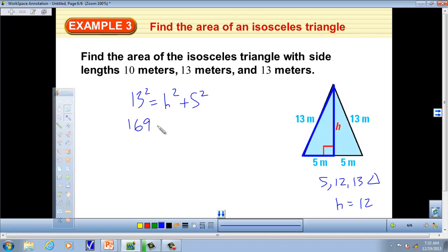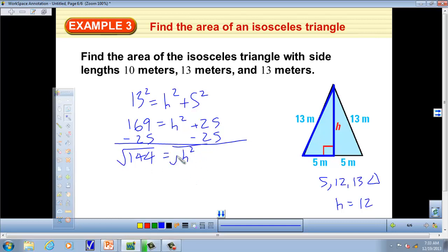This gives us 169 is equal to h squared plus 25, subtracting 25 from both sides. We get h squared is equal to 144, and square rooting both sides, we get h is equal to 12. So you could do it this way, or you can recognize the pattern and just write that.